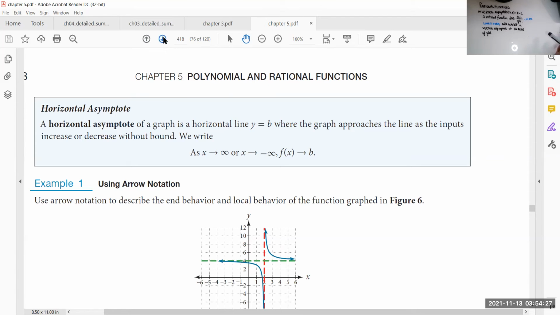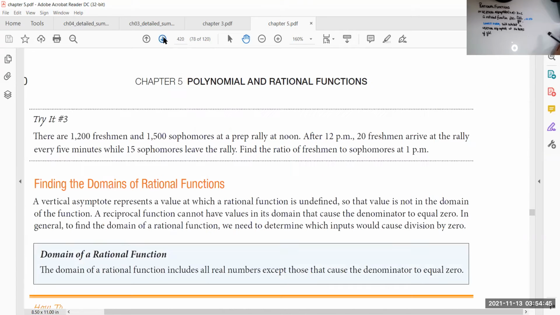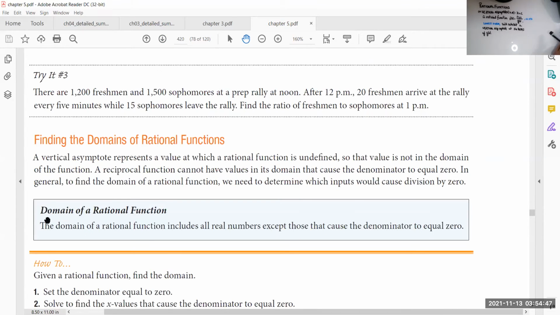So how do I find vertical asymptotes? Let's go ahead and talk first about vertical asymptotes. How do I detect or find the vertical asymptotes? Before I do that, let me go here to page 420. Of course, the domain of a rational function is all the real numbers except for those numbers that cause the denominator to be 0. We went over that already.